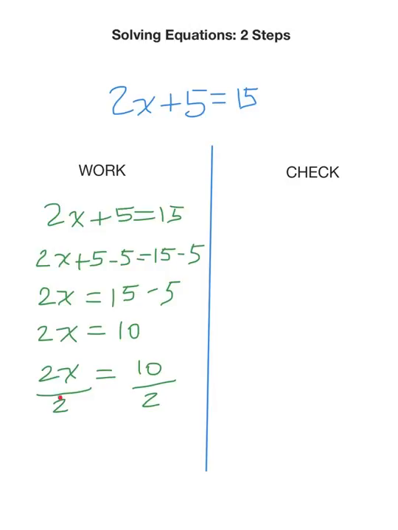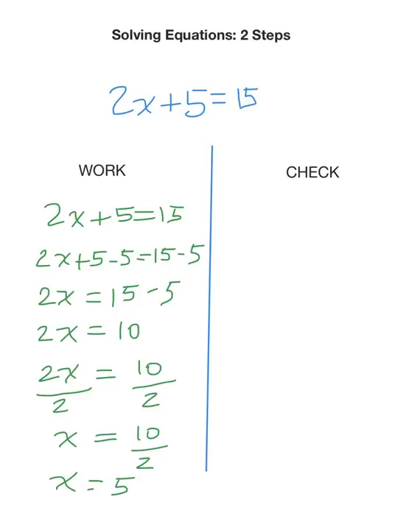Again, what we do to one side of the equation, we have to do to the other. Now, 2 divided by 2 is 1, so now we are left with our x alone, equals 10 over 2. And lastly, if we know our division, 10 over 2 equals 5. Therefore, x equals 5.